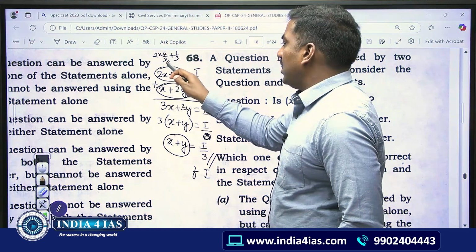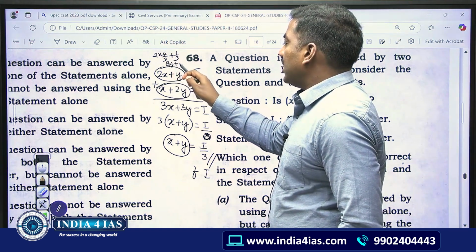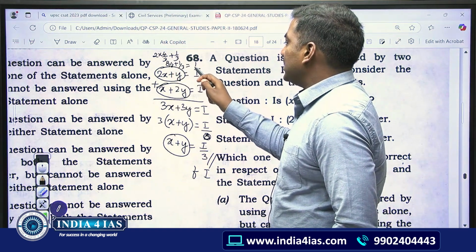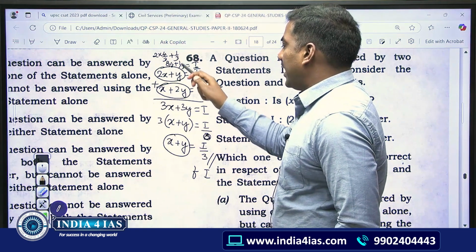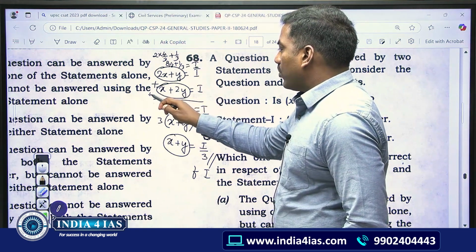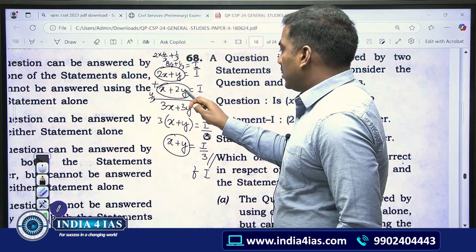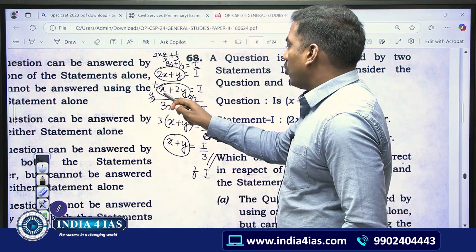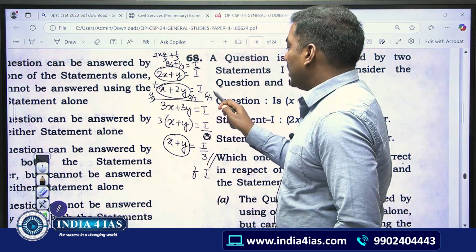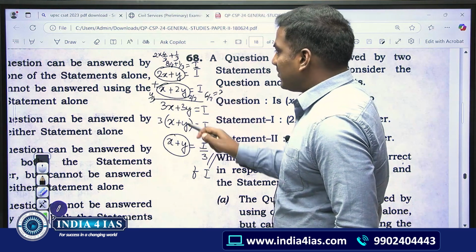So 8 by 3 plus 1 by 3 is an integer. Similarly, if x is equal to 4 by 3 and 2 into y, that is 2 by 3, then 4 by 3 plus 2 by 3 is 6 by 3, which is equal to 2. I am satisfying this condition.